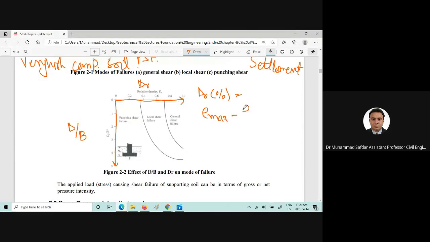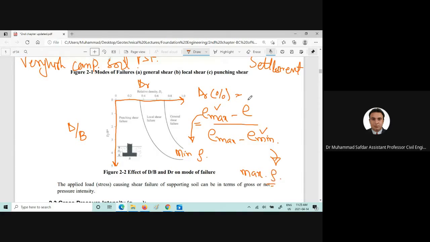So it's (e max minus e) over (e max minus e min). This is the maximum void ratio, and here is the minimum void ratio. This maximum void ratio will give us the minimum density, and this minimum void ratio will give us the maximum density.